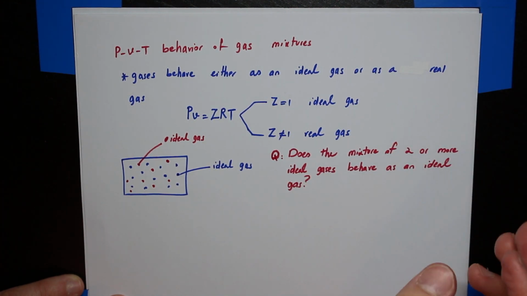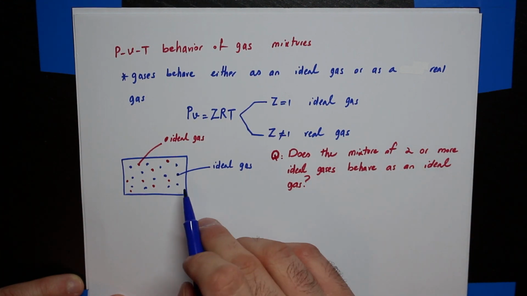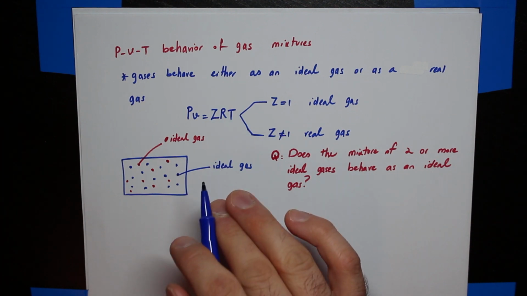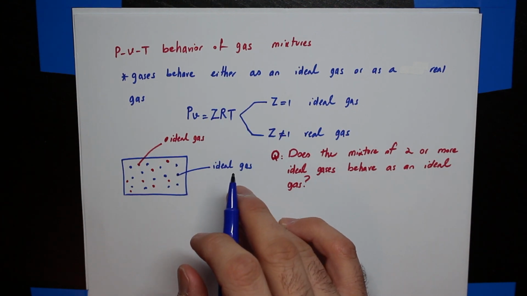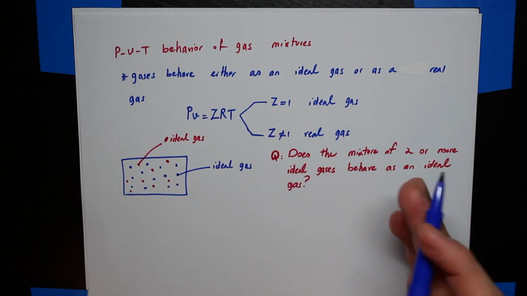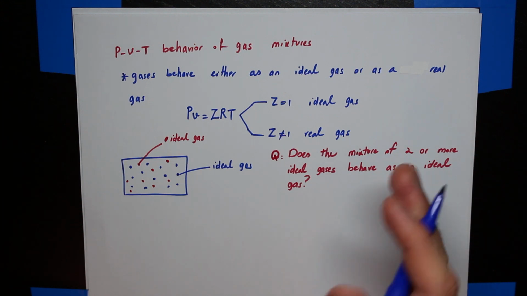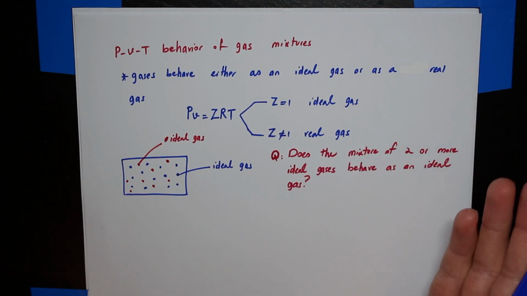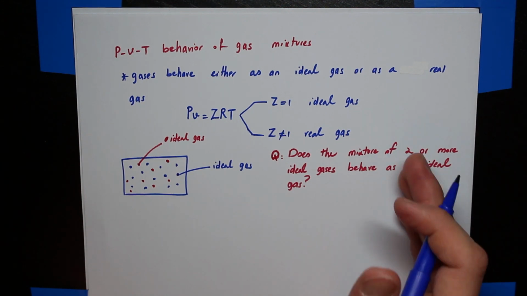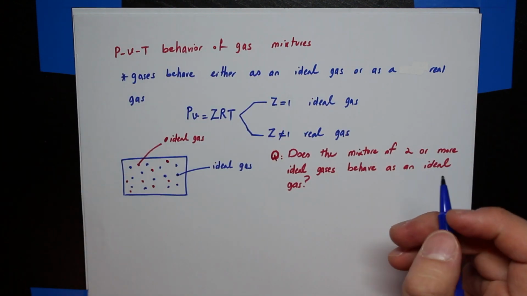The short answer is yes. Whenever we have two or more ideal gases, or components that are behaving ideally, and if there is no reaction between the gases, then the mixture is also behaving as an ideal gas. A good example is air. Air is a mixture of nitrogen and oxygen, right? Nitrogen is behaving as an ideal gas at room temperature and pressure. Likewise, oxygen is behaving as an ideal gas. So the mixture of those two, which is air, is behaving as an ideal gas.